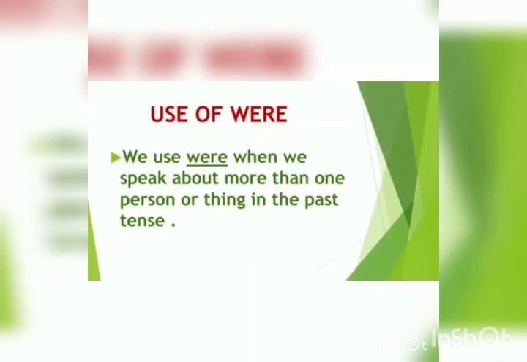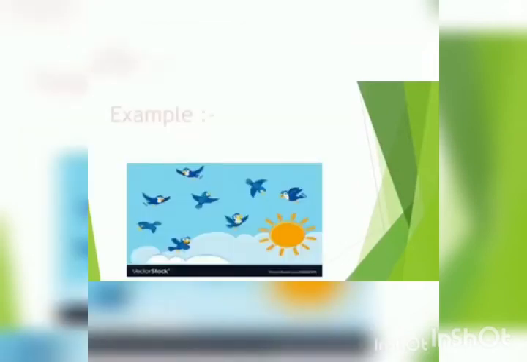Means, suppose in our sentence the subject is two persons or two things, then we will use were there. Clear? When we talk about two persons, three persons, four persons or many persons, then we use were. Okay? Now see the example for this also.